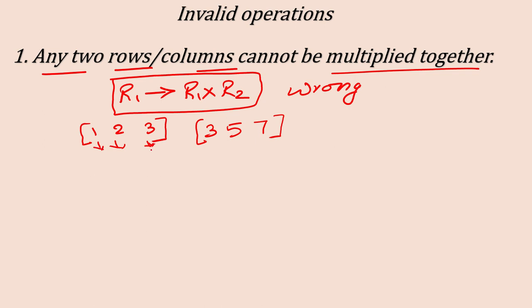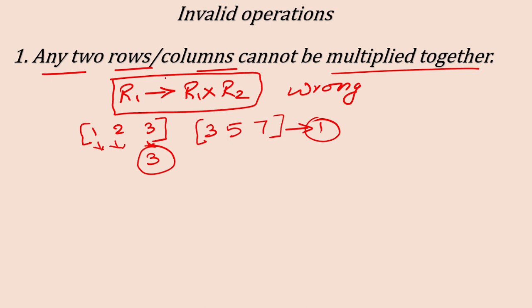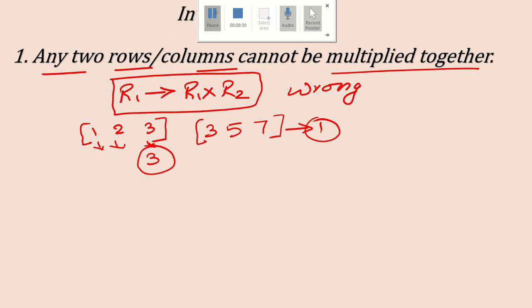There are 3 columns. And how many rows are here? Only 1 row. So I told you that two matrices can be multiplied when the number of columns in the first matrix is equal to the number of rows in the second matrix. But here you can see they are not equal. So we cannot multiply them. Okay. So this was the first invalid operation.